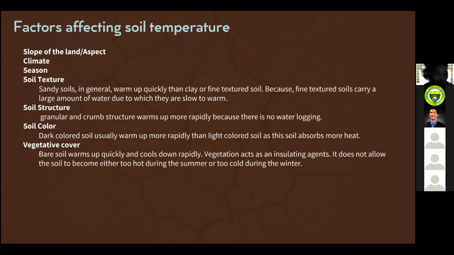But with the help of vegetative cover, it acts as a buffer. So vegetation acts as insulating agent. It does not allow the soil to become either too hot during summer or too cold during winter. So pine-prevent niya yung extreme values ng temperature natin, yung vegetative cover.